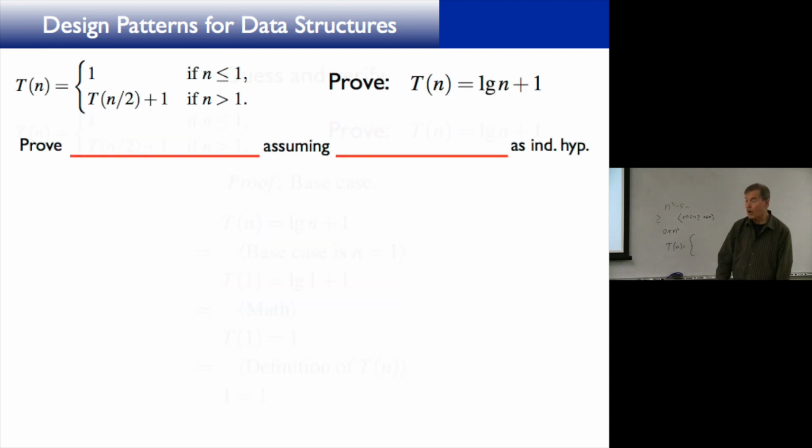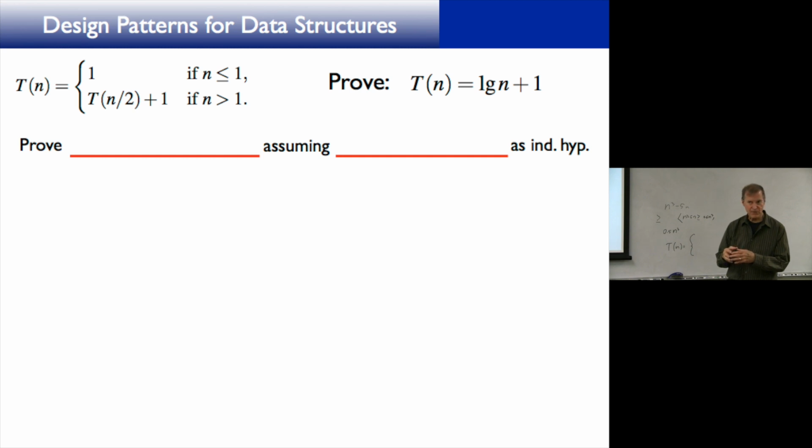Prove T of n is equal to log n plus 1, assuming n minus 1 is... No, that's incorrect, because now the recurrence is dividing by 2. Remember how that worked?